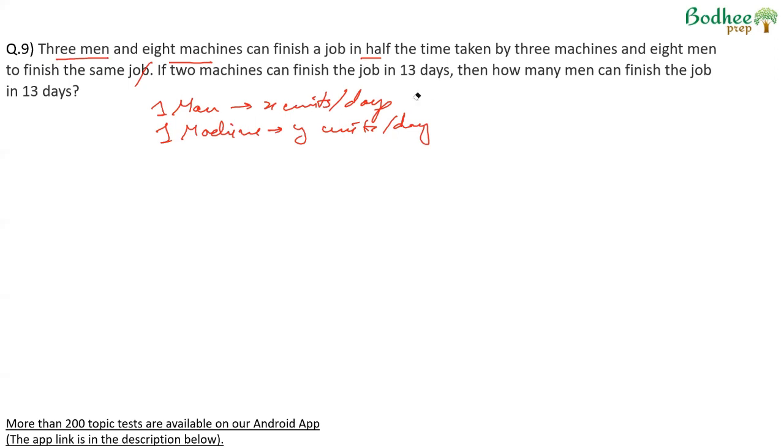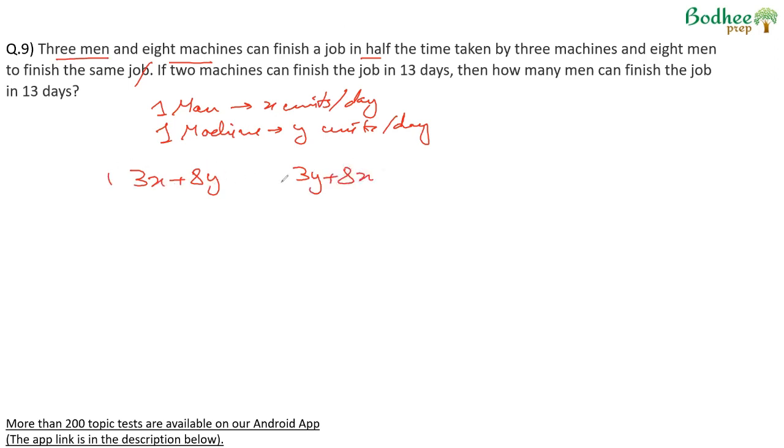Now, 3 men and 8 machines will do 3X plus 8Y units per day, and can finish a job in half the time taken by 3 machines and 8 men, which is 3Y plus 8X.